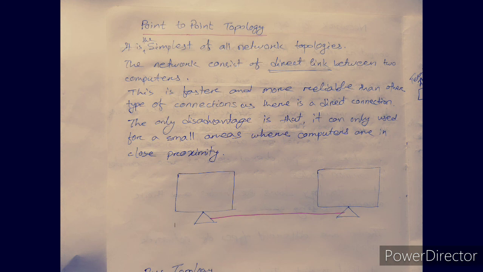You can depend on it. But the disadvantage is that you cannot connect two computers which are too far away. The computers have to be close to each other, and the number of computers is limited to only two.